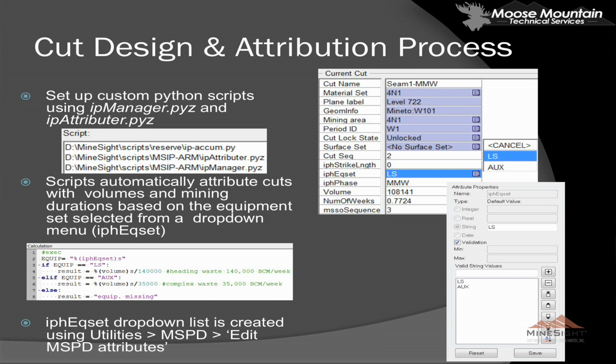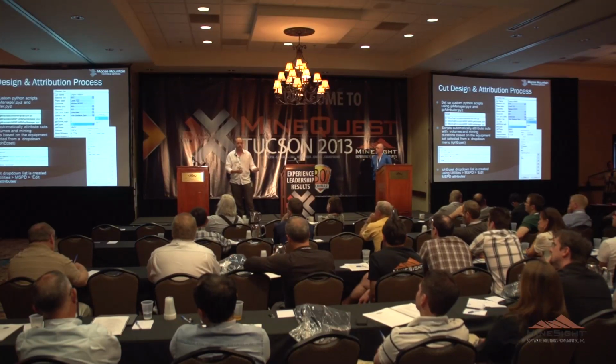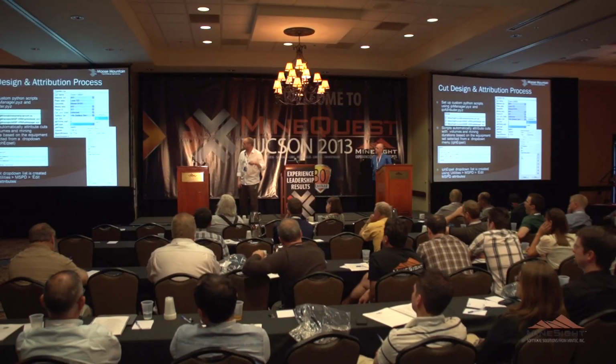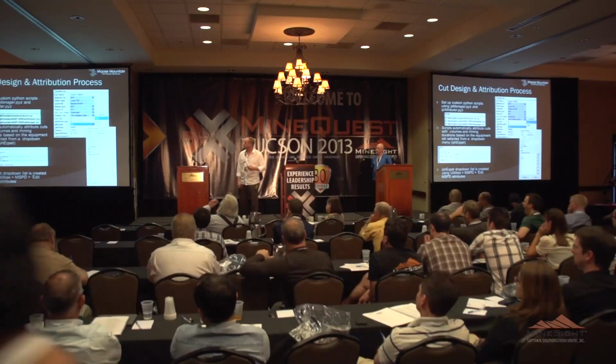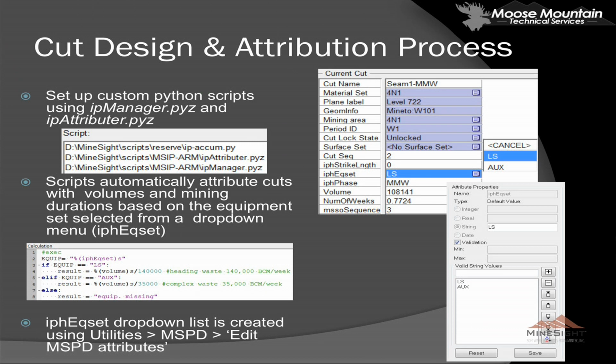So what we want to do is start attributing our cuts with the information that we can use, not just shovel and truck hours, but backhoe hours and dozer hours, and the yield, the loss and the dilution, all of that we want to associate with our cuts just for the purposes of generating a better plan. So we can use the custom Python scripts to attribute the cuts with a type of recovery or type of mining method, if you want to think about it in that kind of terms.